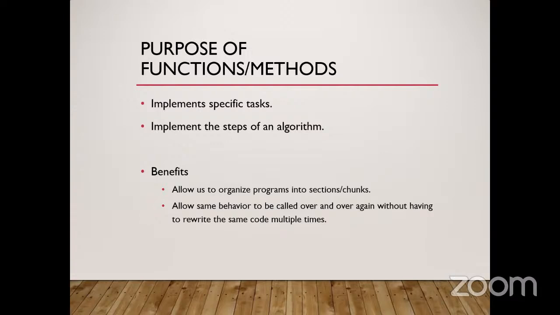So there's 2 things that I want you to always remember about a function when you're writing it. It does one thing, and it does it well. So it does a specific task, like draw a square. You don't want a function that draws a square and a circle, because that's doing 2 separate things that logically you probably only need for one particular program.